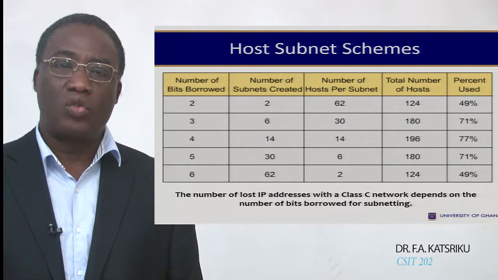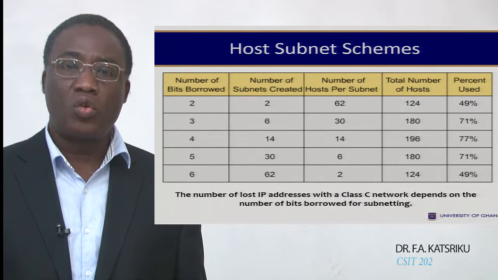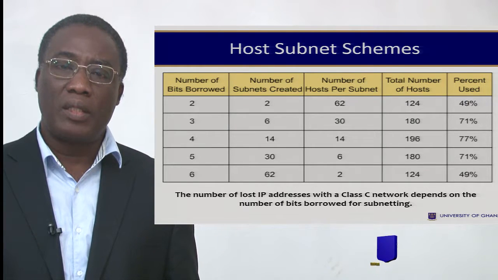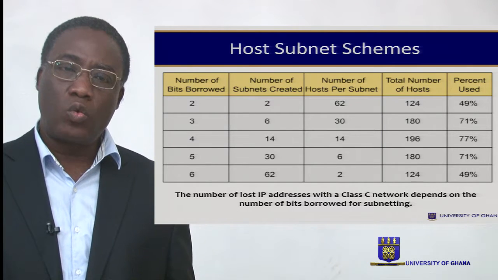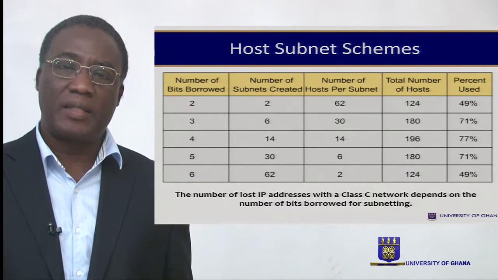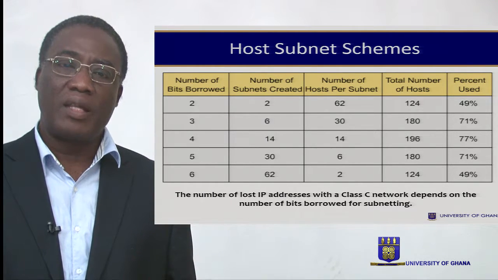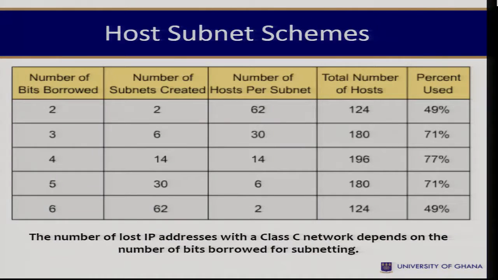So 64 minus 2 gives you 62. So you can have a maximum of 62 hosts per subnet. And since you borrowed 2 bits for the network, you can have 2 subnets. So it means altogether, you can have 124 hosts in your network.